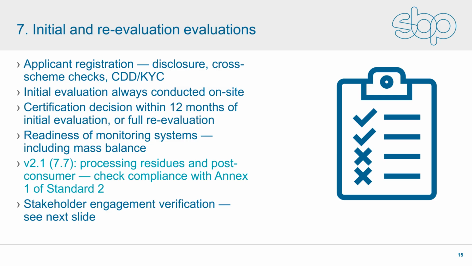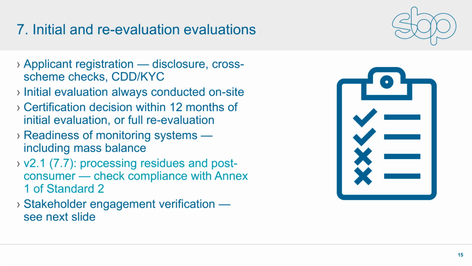Section 7 covers initial and re-evaluations. When registering a new applicant in the audit portal, the certification body must ask the applicant to disclose whether they are or have been a participant in another certification scheme, or whether they traded under a different legal form or name in the past 12 months.